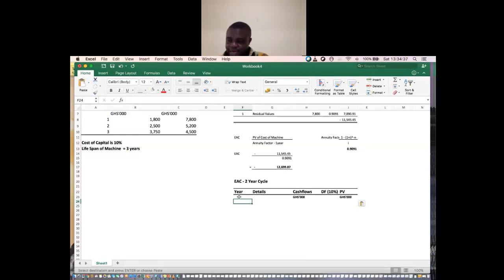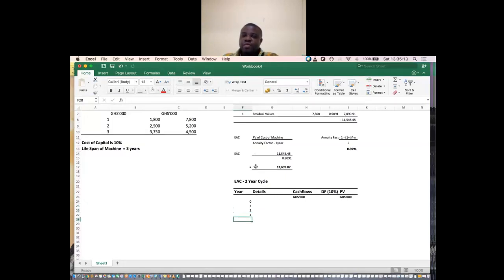Do you understand? For year 2 cycle, what I'm saying is that if it is 2 years, what that means is that you incur the cost of year 1. Is that fine? Because you incur the cost of year 1 before you incur the cost of year 2. So what that means is that you have 0, and then you have 1, and then you have 2.